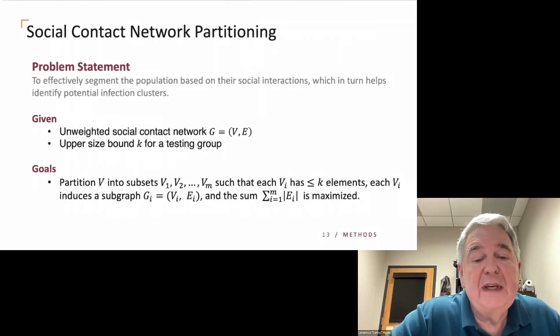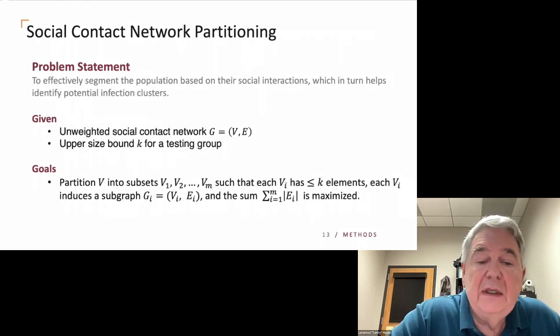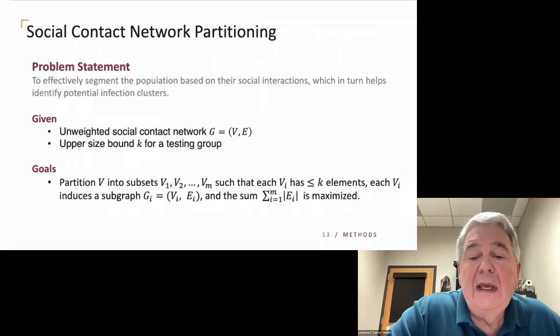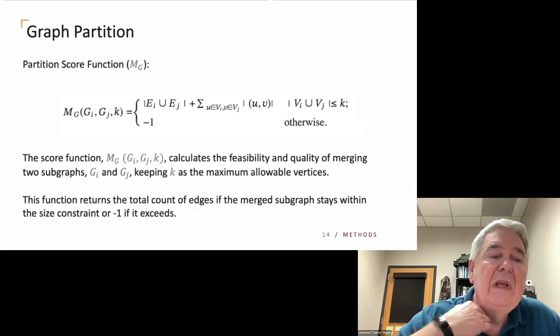So the subsets of the node set V will be V1 through Vm. Each one has to have at most k elements. Each induces the subgraph that we will have as a potential unit to test. And the sum of all the edges in all the subgraphs is maximized.